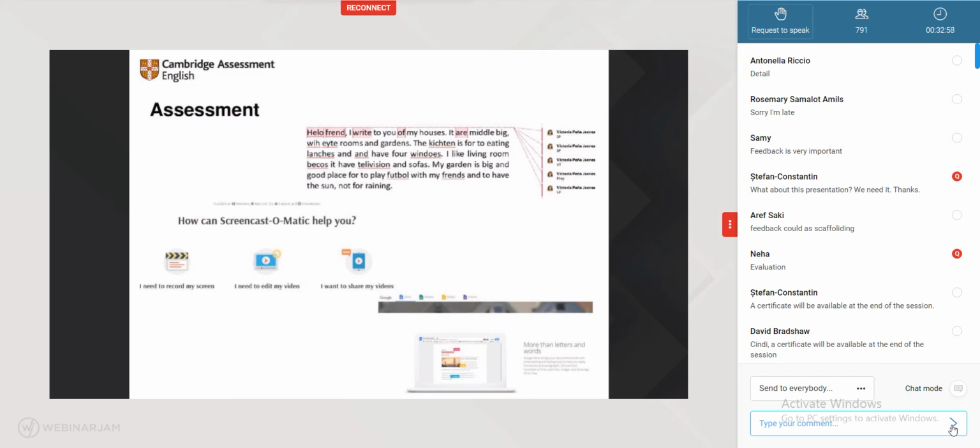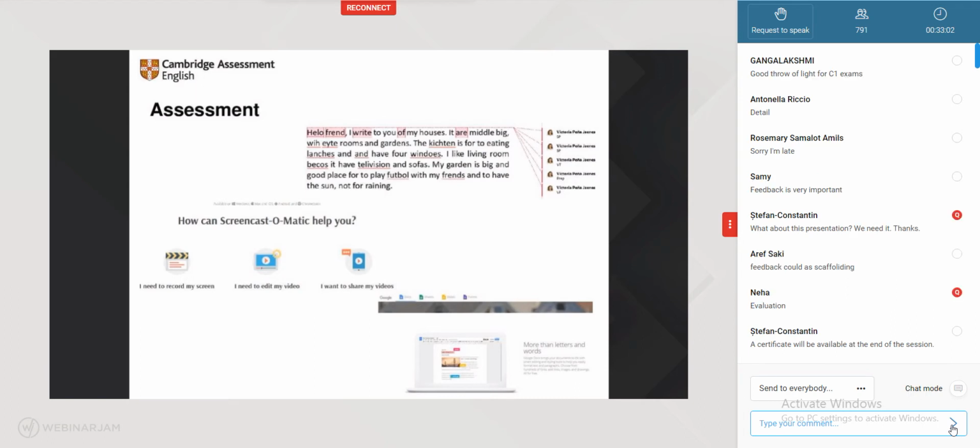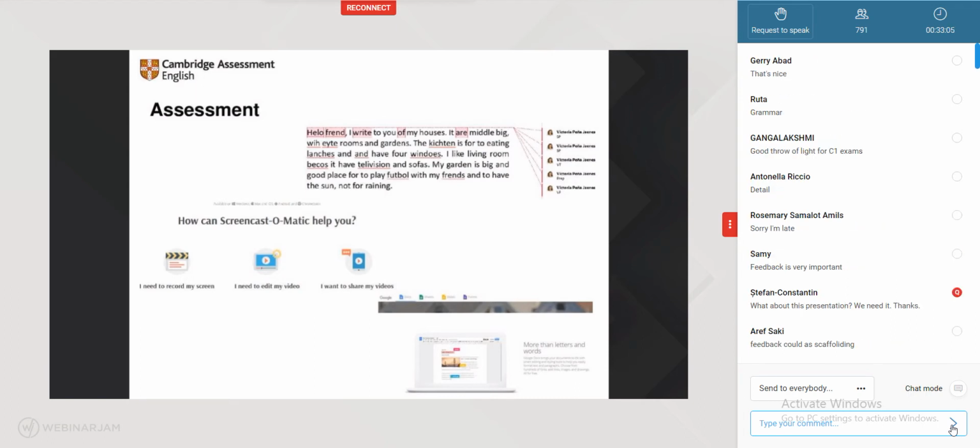The first one that we're going to look at is a Word document. And as you can see here, what I've done is to write comments, highlighting where problems can be found.